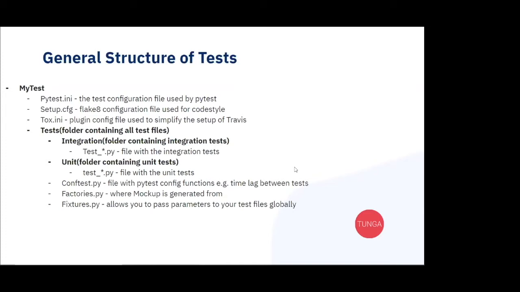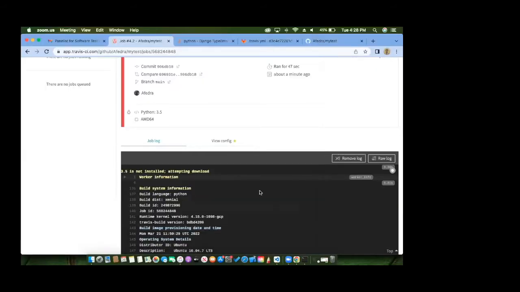Then Alan says, can you share the requirements.txt with all the required modules for installation? Yes, definitely. I'll share that with you, but it was already shared with yesterday's PDF.